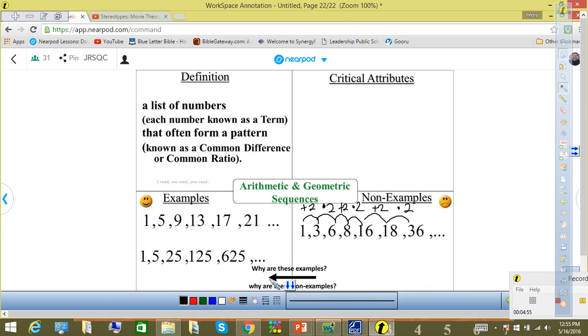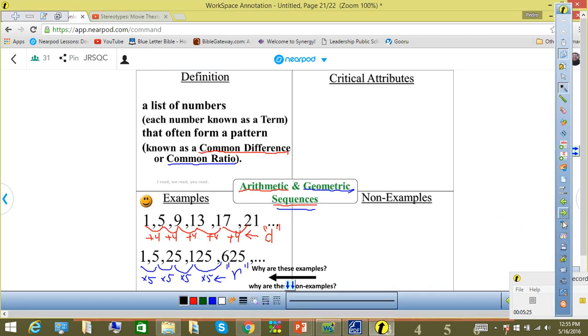So, talk it over with your neighbor and let them know why this is not an arithmetic or geometric sequence. Why is that not one or the other? Okay, so did everybody understand that it has to be consistent throughout, whatever the operation and the number?